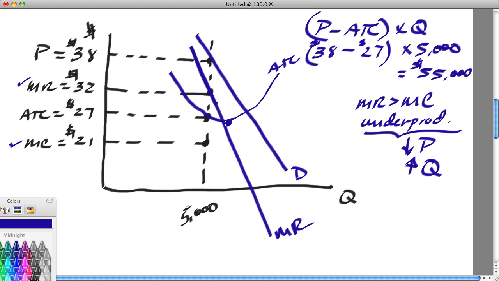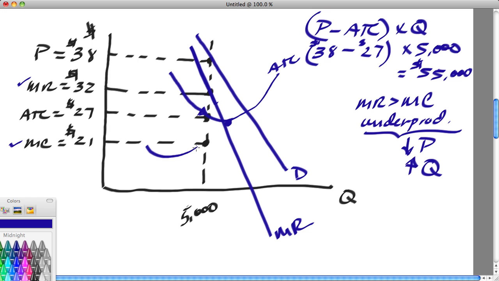I don't want you thinking that it's where MR hits ATC. That's not necessarily the case. This demand curve could be further left, which means the MR curve could be further left. This demand curve could be further right, which means the MR curve could be further right. The key idea is that ATC is dropping through this point, which means it hits its minimum at an output rate greater than 5,000.